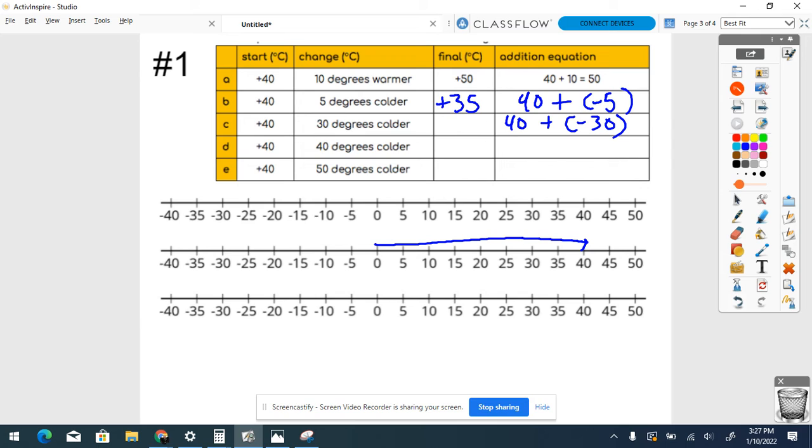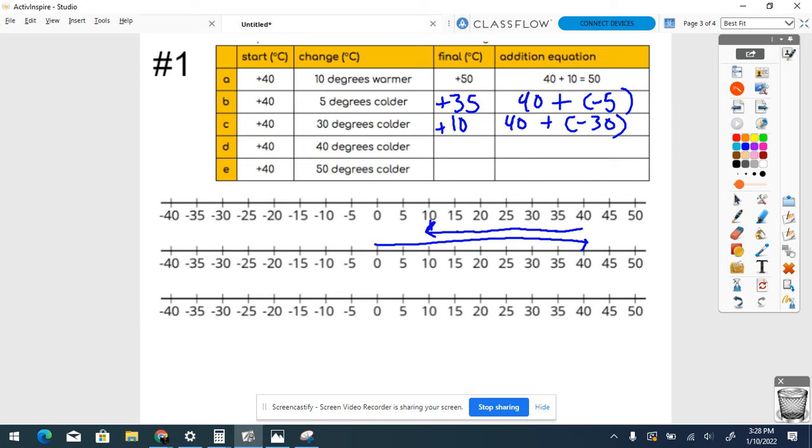I'm at 40, and every tick is 5, and I want to make sure I go over 30 times. So watch how I do this. 5, 10, 15, 20, 25, 30. And my top arrow points to 10. So if I'm at 40, I go negative 30 degrees colder, I am at positive 10 degrees.